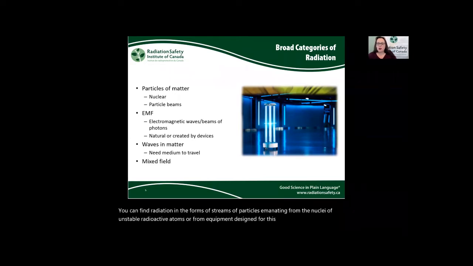Electromagnetic radiation is made of non-material particles called photons. You can also have energy travel through vibrations of material called a medium. Finally, there are some forms of radiation which are comprised of more than one type. No matter the type, radiation must interact with matter in order to deposit its energy into it.